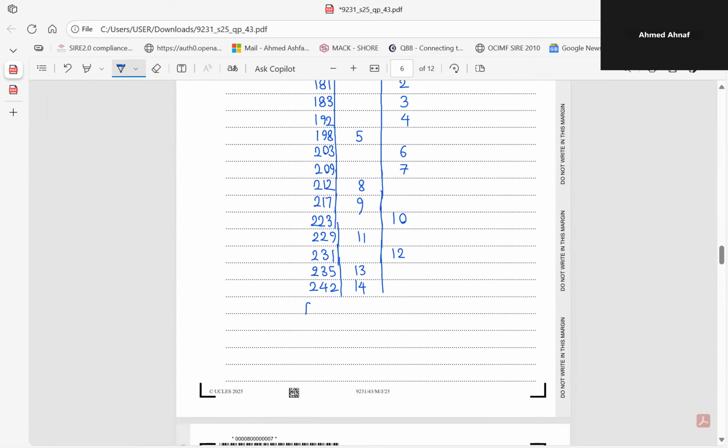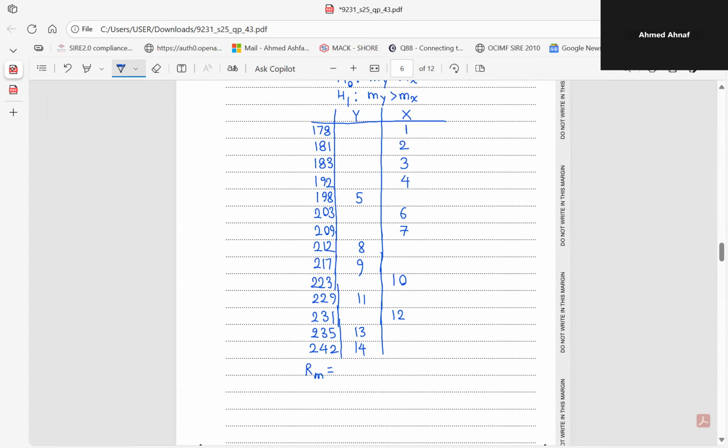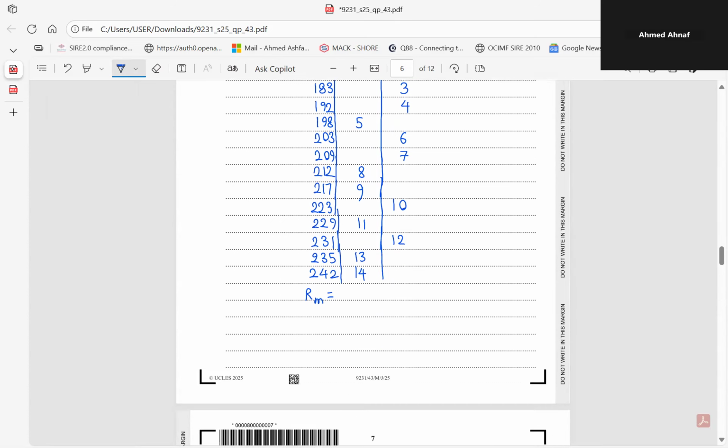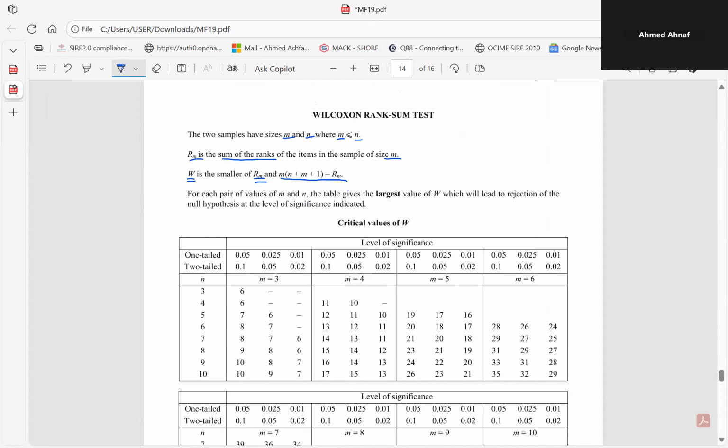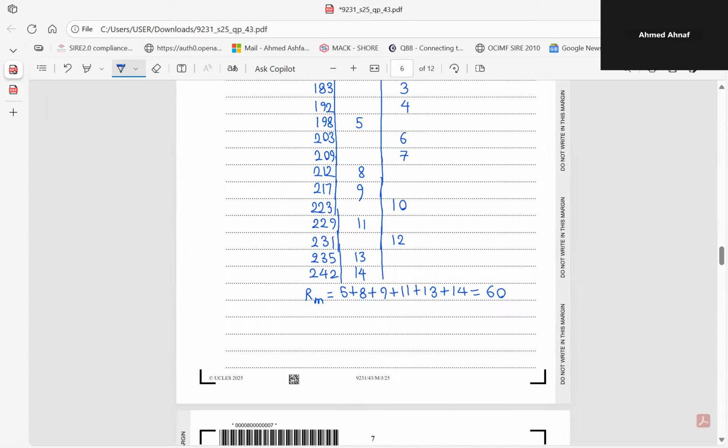So Rm is 5 plus 8 plus 9 plus 11 plus 13 plus 14. You get 60.